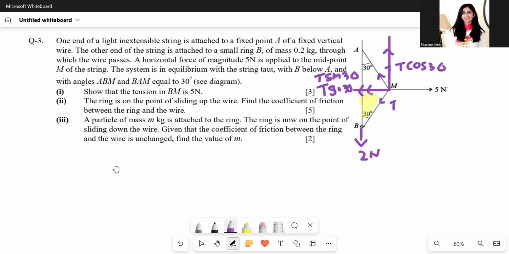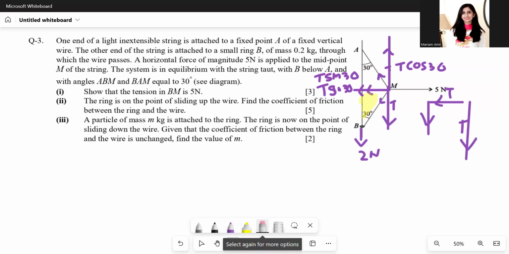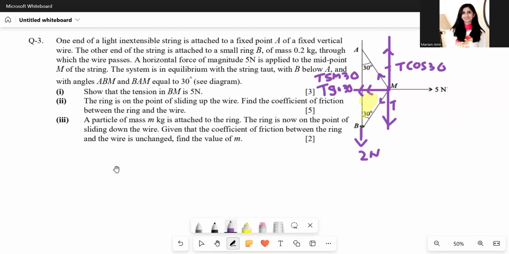So you have 2T sine 30 in this direction. And then since the other tension is like this, one component will be in this direction, which is T sine 30. The other one will be in this direction, but I'm going to draw it right here. And this is the adjacent component, meaning the cos component. So T cos 30.